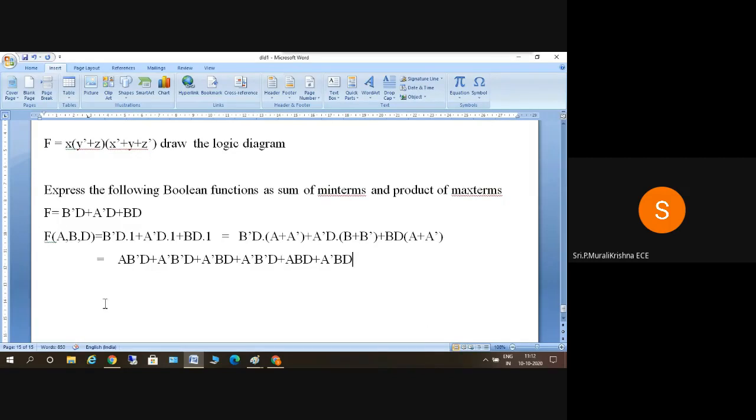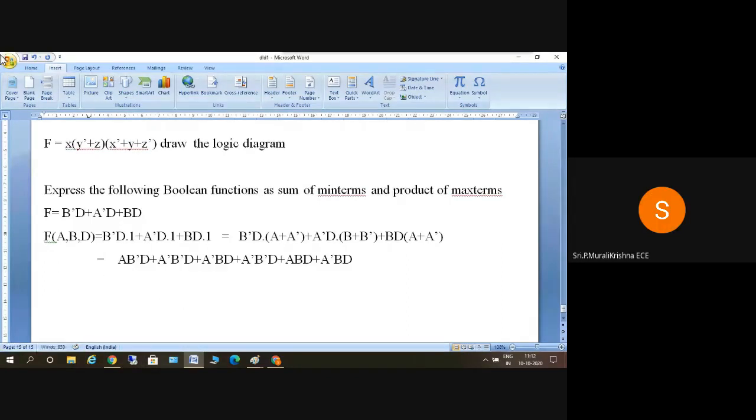So check the terms here. Any repeated terms here? So A B bar D and A B bar D. You can see there is one repeated term, A B bar D, and this is also A B bar D. So x plus x is equal to x in Boolean algebra, hence we can write only one x here. Yes, A bar BD also.